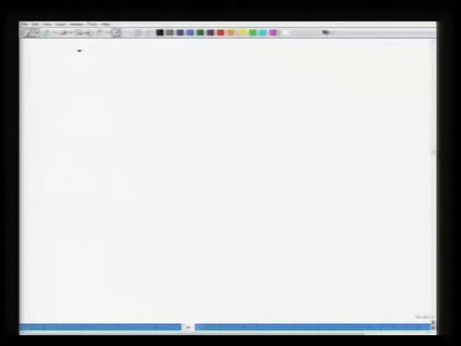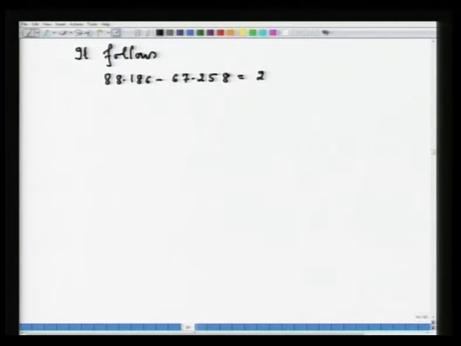So, it follows that 88.186 minus 67.258, this difference, is equal to 20.93 kg mole.